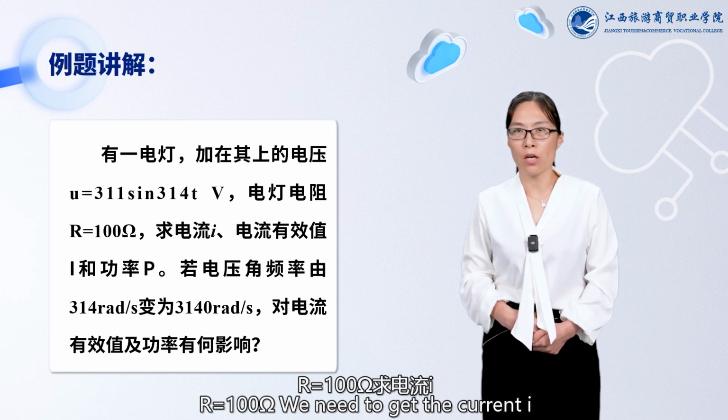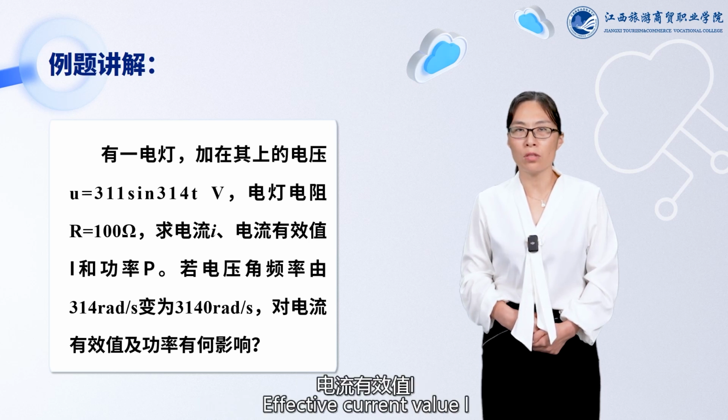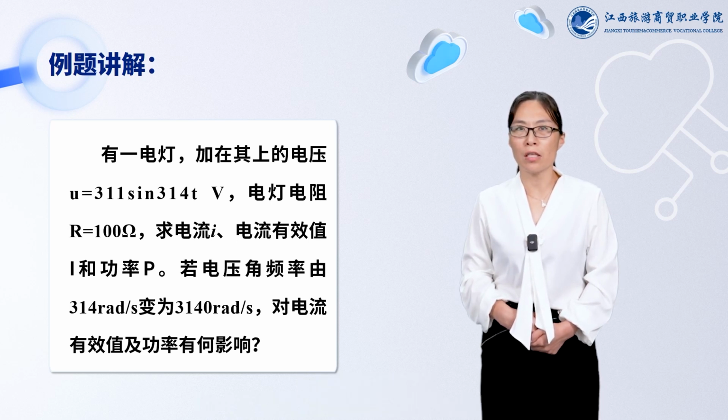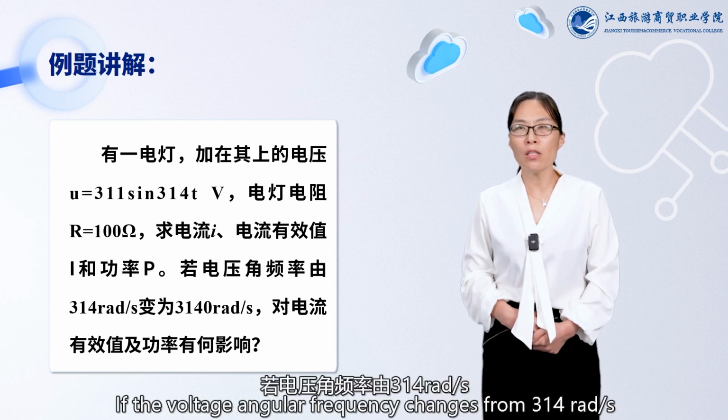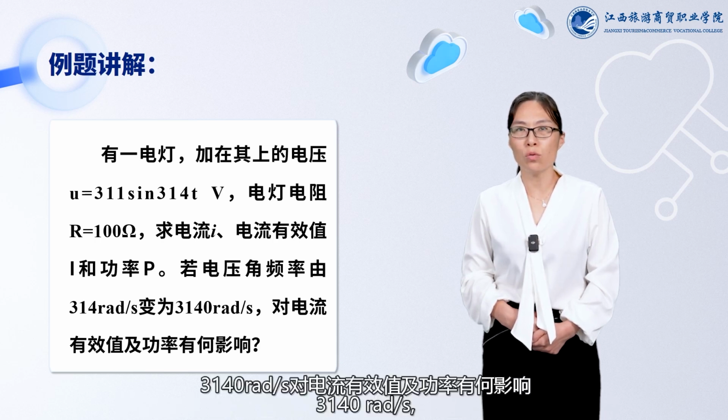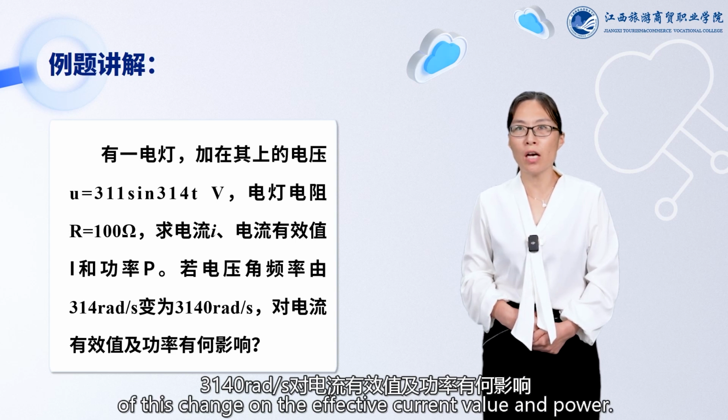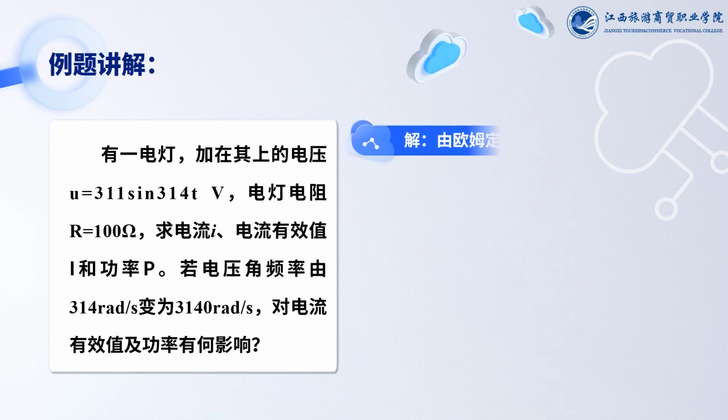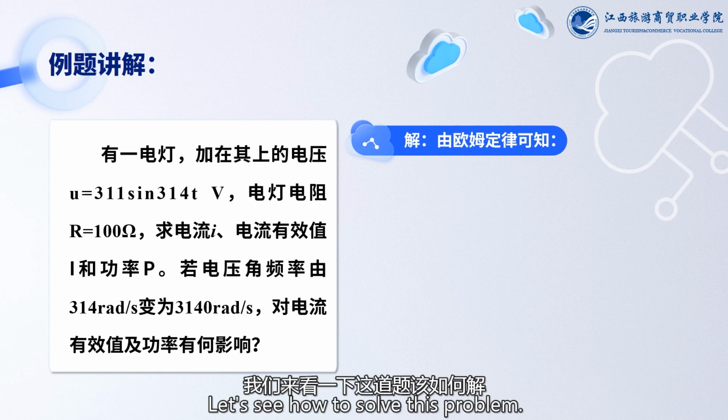We need to get the current i, effective current value I, and power P. If the voltage angular frequency changes from 314 radians per second to 3,140 radians per second, we need to determine the effect of this change on the effective current value and power. Let's see how to solve this problem.